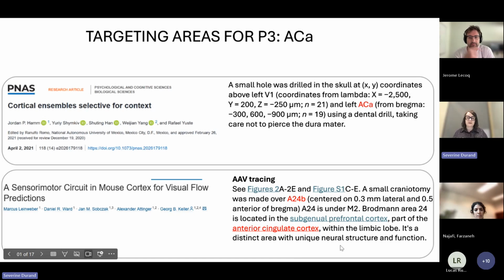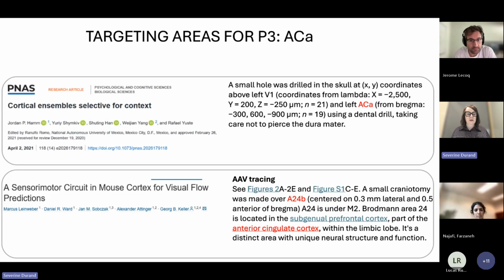Okay, so today my goal of this presentation is to present a little bit of what we were thinking in terms of targeting and how we approach targeting in general for our experiments. I looked mostly at these two papers that you can see, and basically they recorded from ACA, so that was an indication for me to start with this.